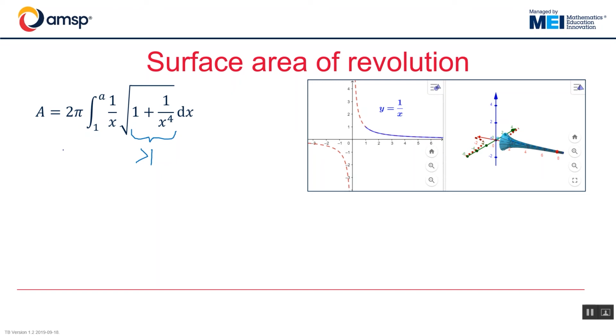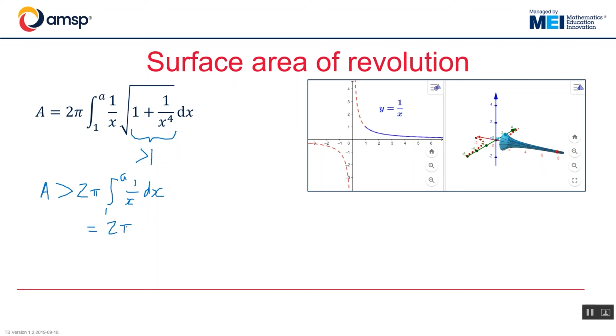Therefore, I don't know what my area is, but it's found by an integral, and that integral is bigger than this thing, 2 pi integral from 1 to a. I can replace the whole of this with 1, and I get this relatively straightforward integral, which I can then evaluate, because this is just the natural log of x.